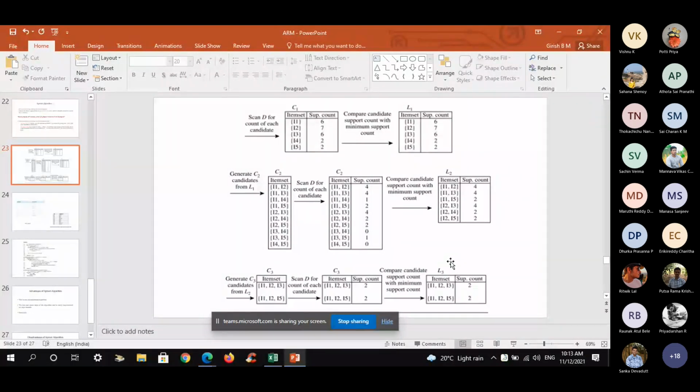In the previous example which I solved, our final solution is L2. It means these items in L2, I1, I2, I1, I3, and just a minute, I will share the screen.